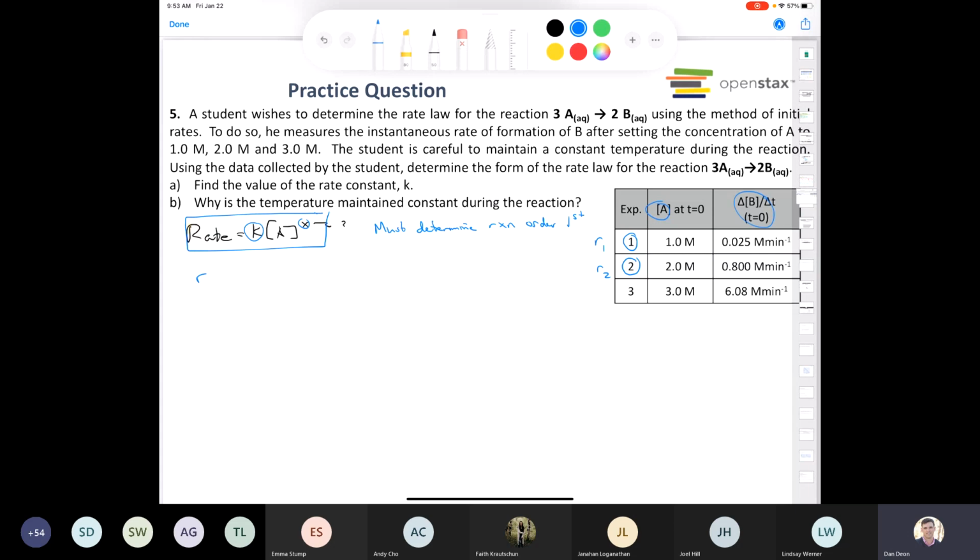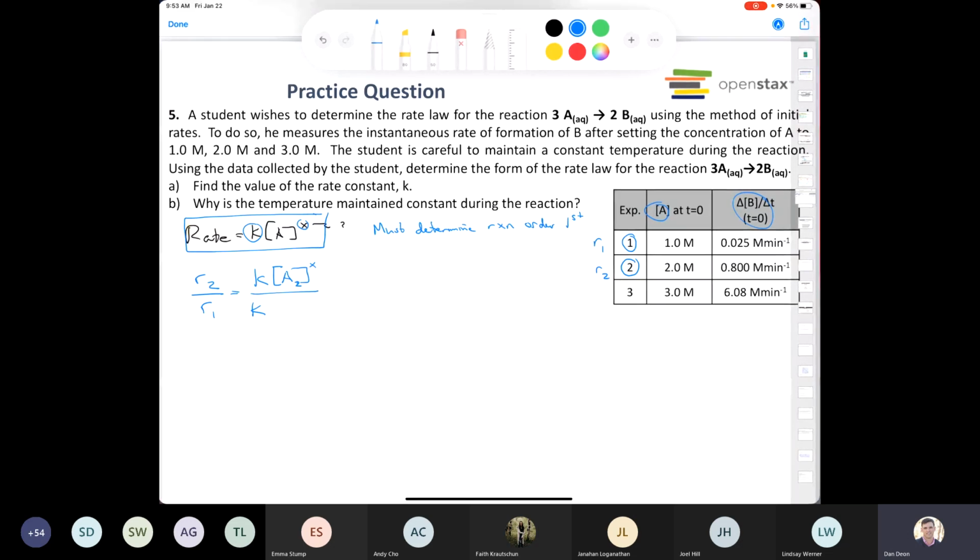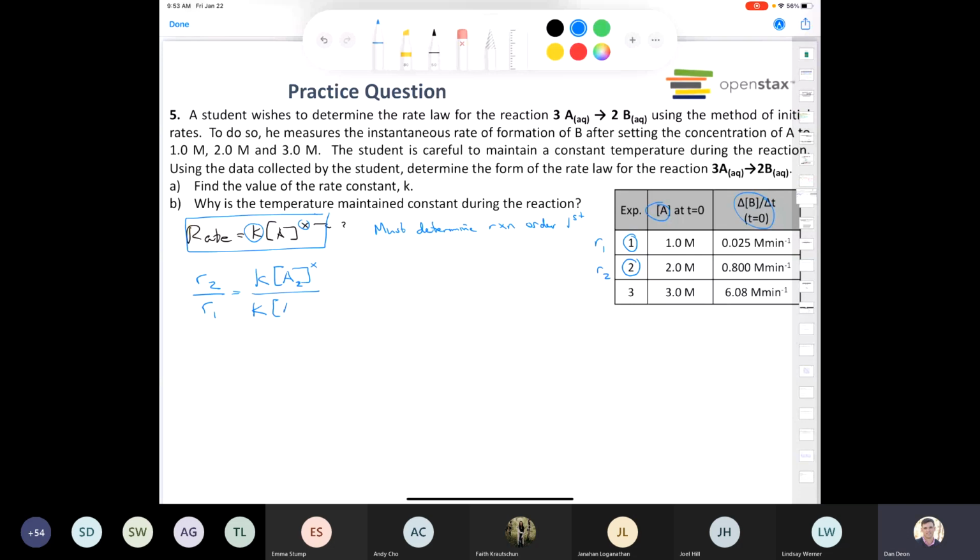So if I compare the rate of reaction 2 over the rate of reaction 1, it's going to be equal to K times the concentration of A2 to the power of X, over K times the concentration of A1 to the power of X.